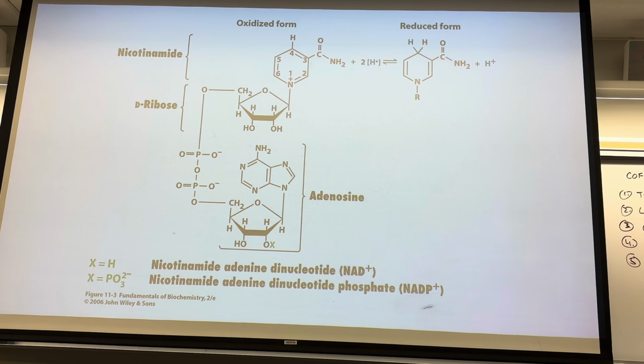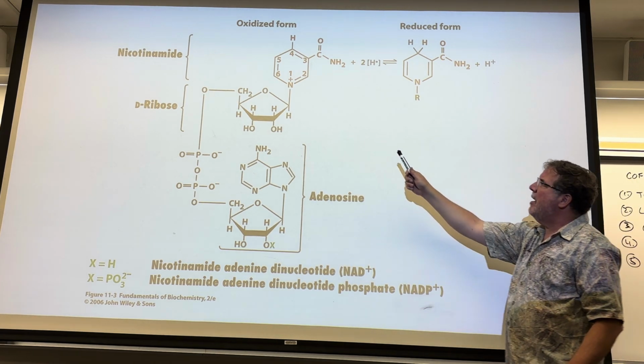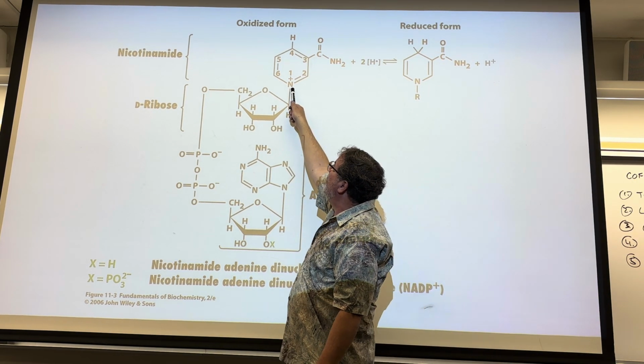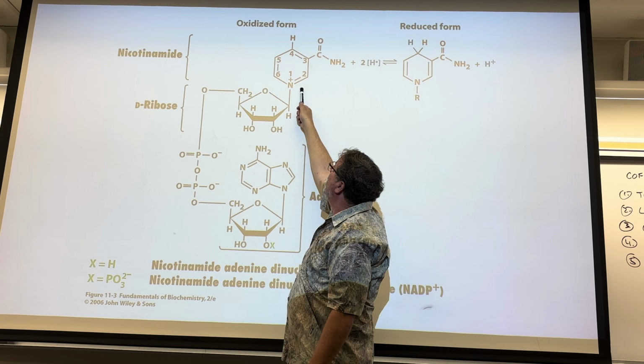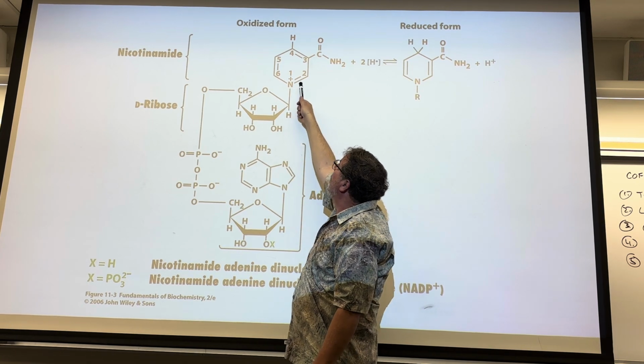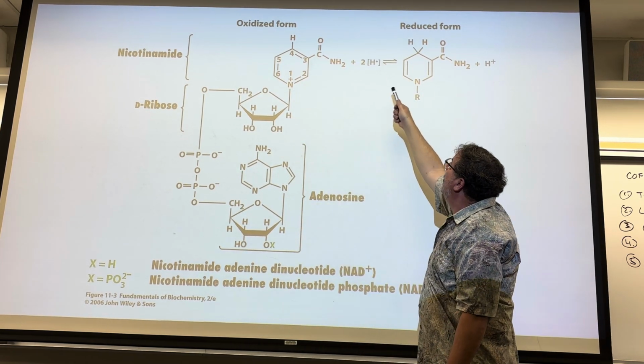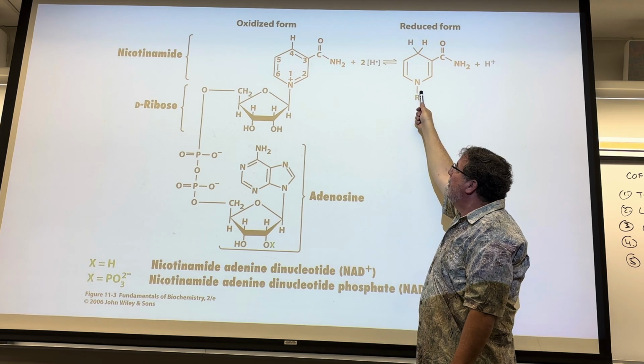So again, this is the nicotinamide. We've seen this molecule several times. This is the NADH. We talked about this last time. This business end up here, this nicotinamide ring, goes from the oxidized form to the reduced form. 2 electrons, that's the high energy electron carrier.